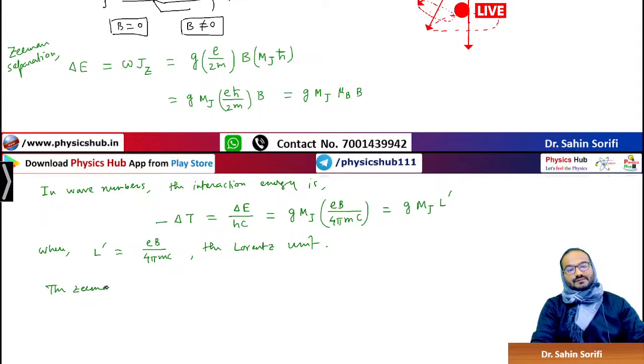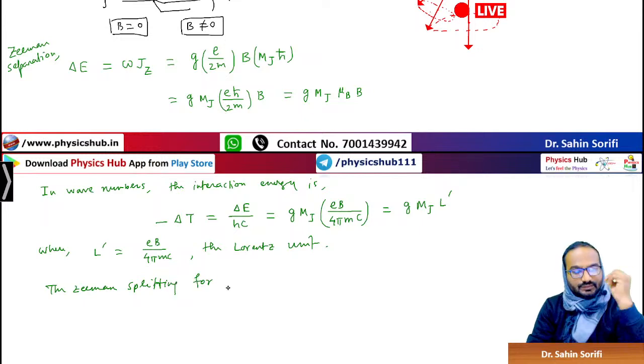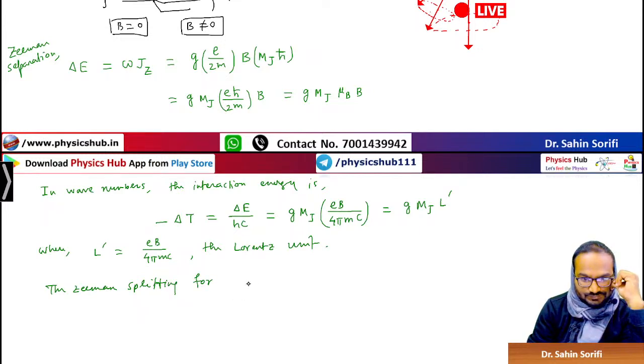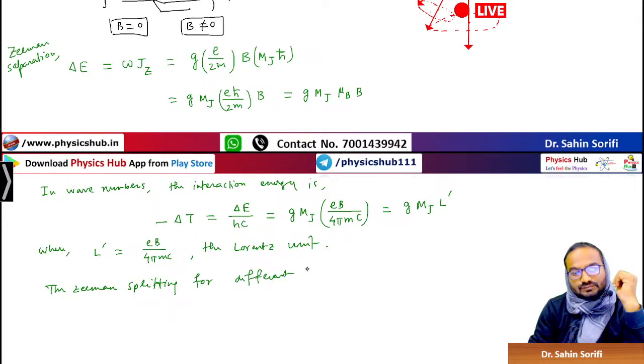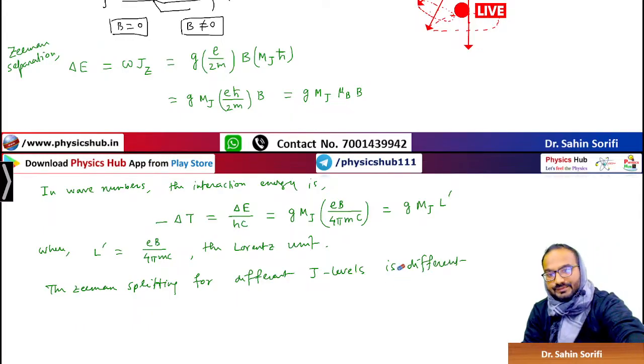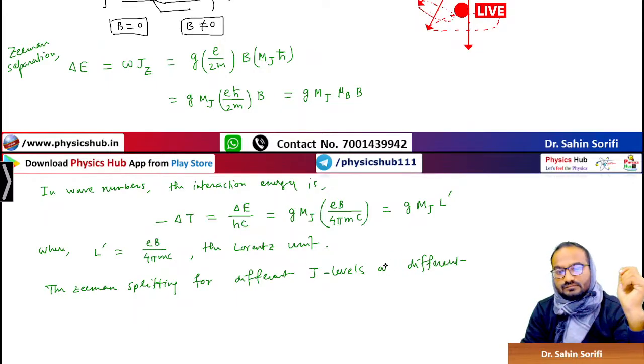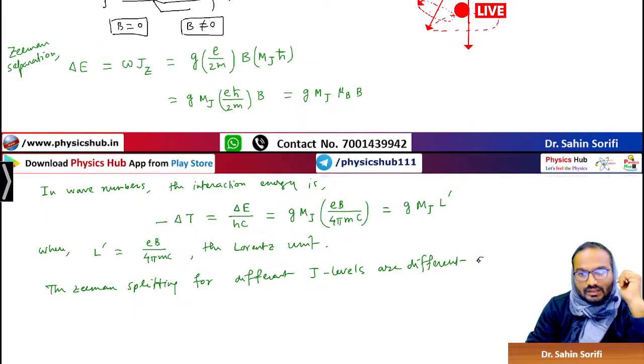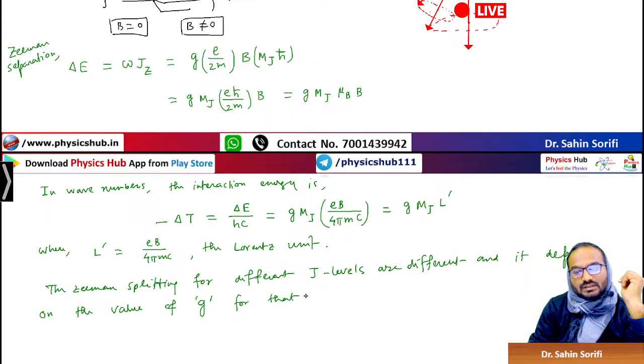The Zeeman splitting for different J levels is different, and it depends on the value of G for that level.